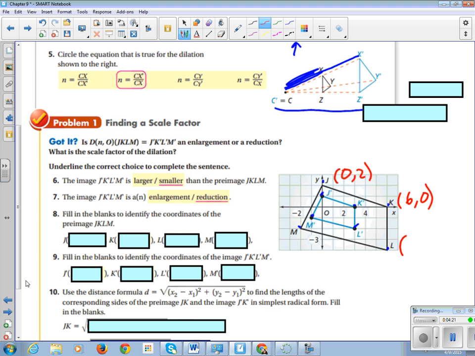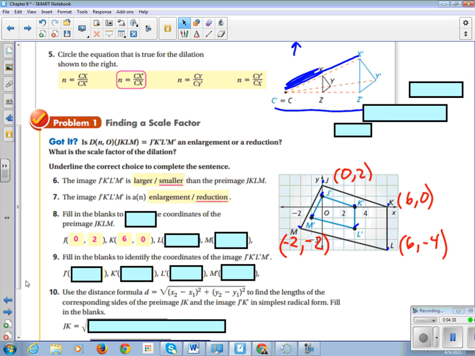L is over 6, down 4. And M is over -2, down -2. See if that corresponds. And yes.